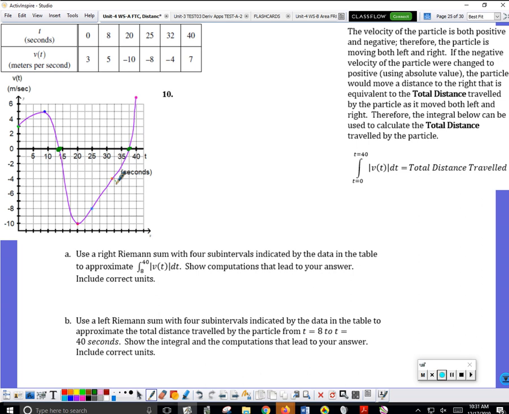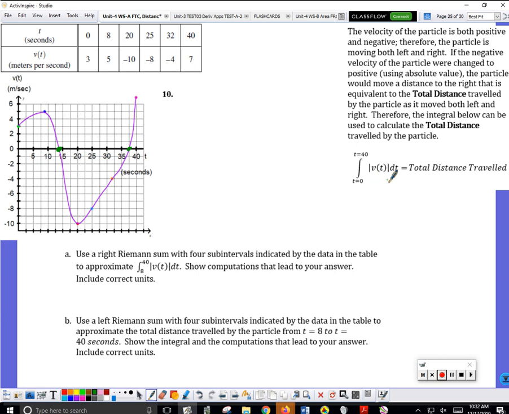Okay? So if the particle is going back and forth and we want to calculate total distance traveled, what we're going to do is, instead of integrating velocity, when we integrate velocity, we find displacement. We find how much the position changes. If we integrate the absolute value of the velocity, we calculate total distance traveled.